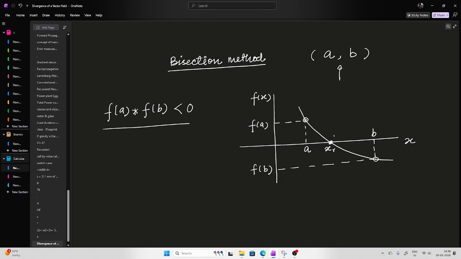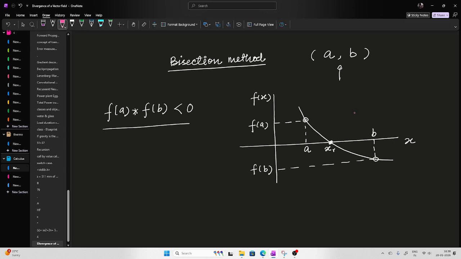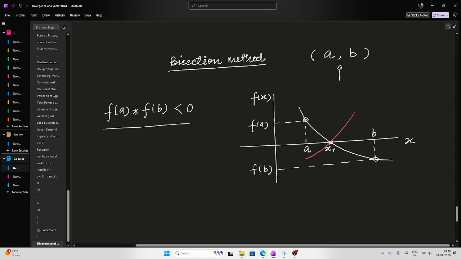Or let's say this is the curve, let me use a different color. I am interested in knowing whether there is any root in between these two, so again I have to see the value of the function at those points, and when the values are multiplied it gives us a negative result.